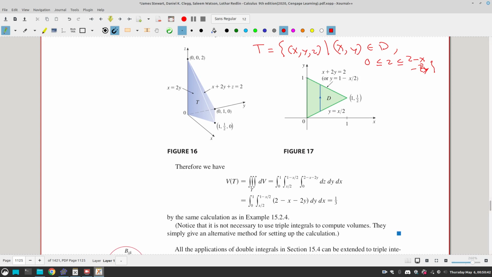So remember, the inner integral has two variables in its limits, the second integral has one variable, and the outer integral has constant limits.